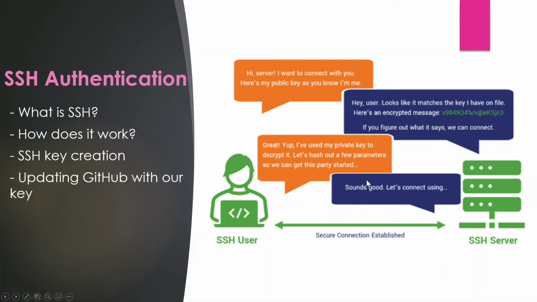It's an animated, pictorial way of explaining how the communication happens between an SSH user and an SSH server. So today in our demo we are going to create an SSH key, and we're going to talk to GitHub, and we'll paste our public key over there, and then do the communication.